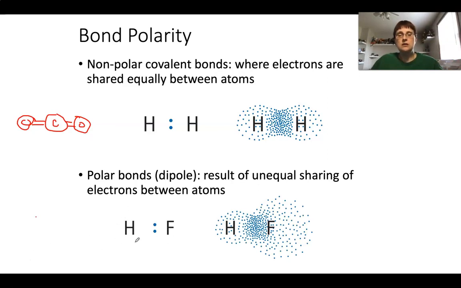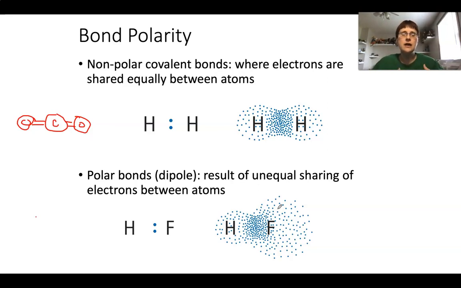So here you can see now instead of two hydrogens, we have a hydrogen and a fluorine. And now you've got electrons around the hydrogen, but more of the electrons are going to be found around the fluorine. That's because the fluorine is better at pulling on those electrons. And so some of the elements are much better at pulling on electrons than others.